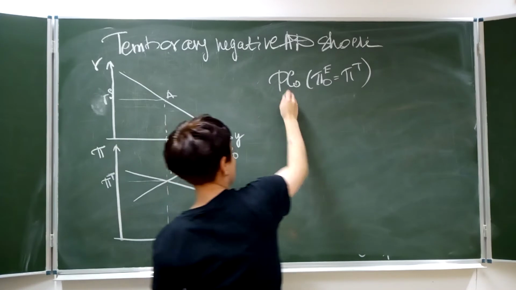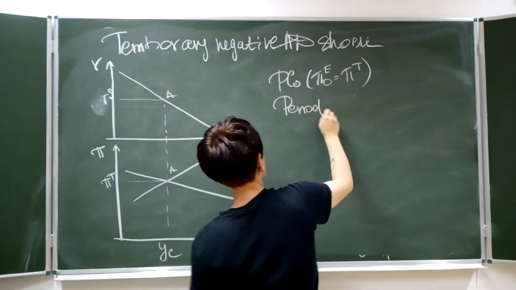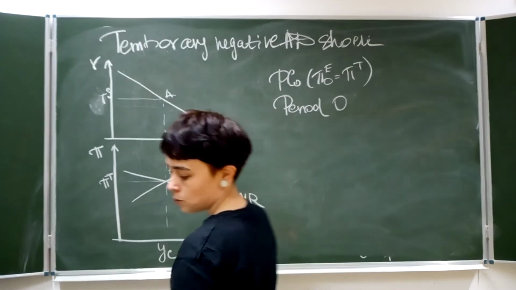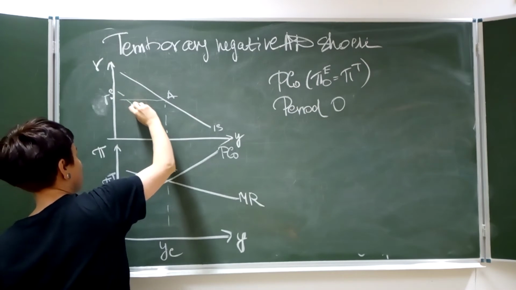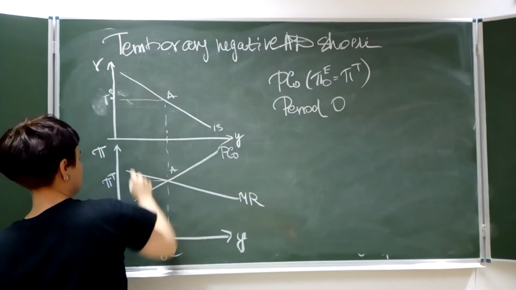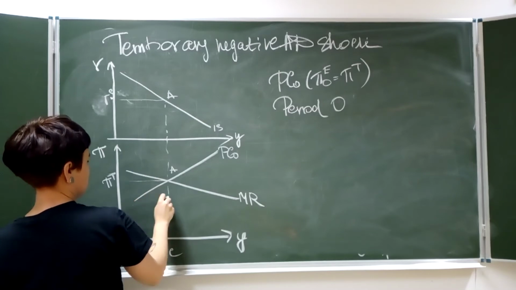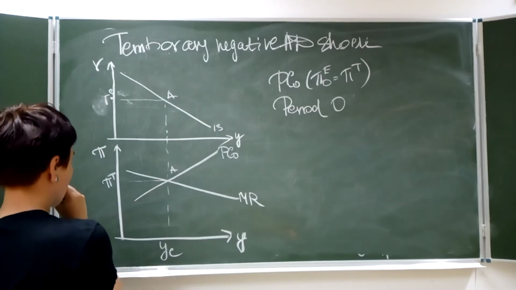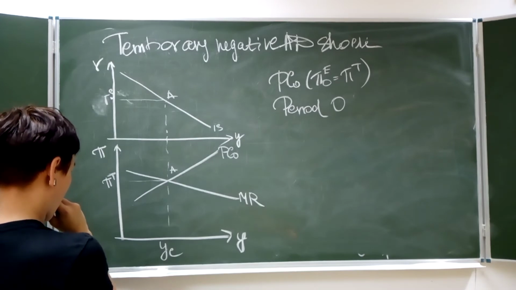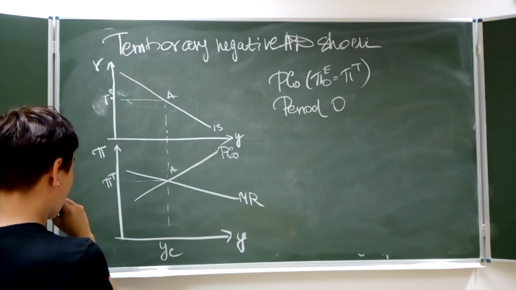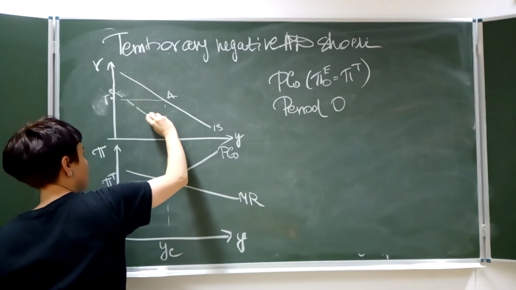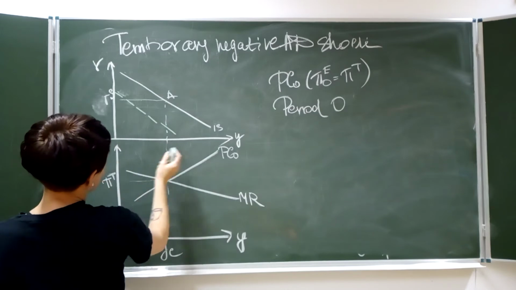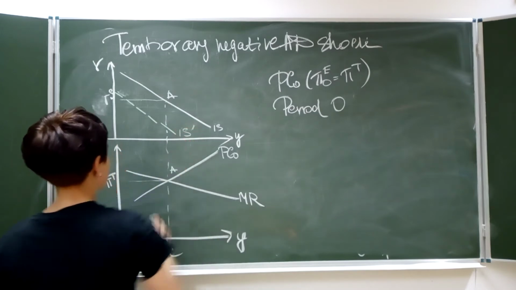However, then in period 0, we have temporary negative aggregate demand shock, which means that IS curve is going to shift to the left for one period. So this is our new IS.